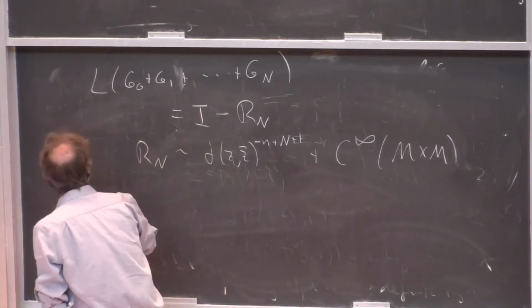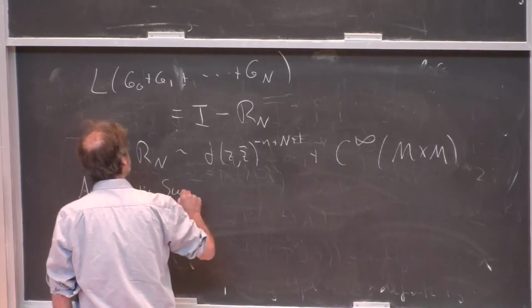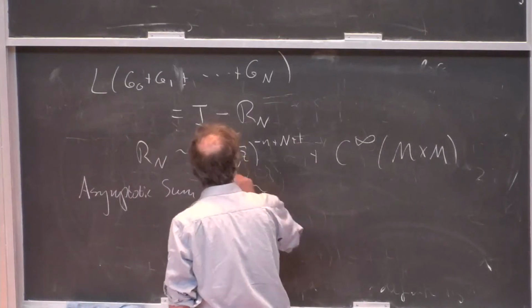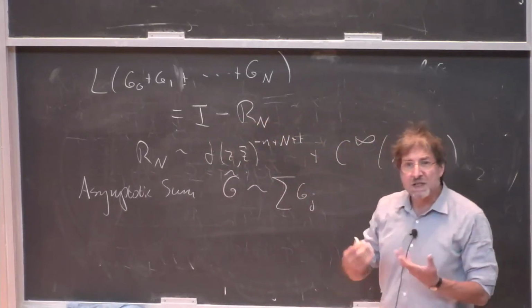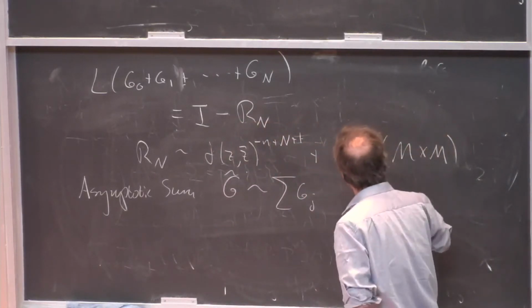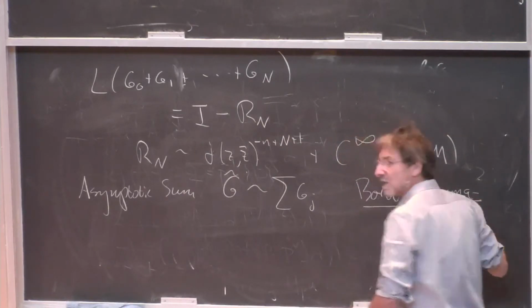Okay, now next we take an asymptotic sum. So I find a G, maybe I call it G tilde, which looks like the sum of these G_j's. This is a version of Borel's lemma, which was surely discussed this morning.